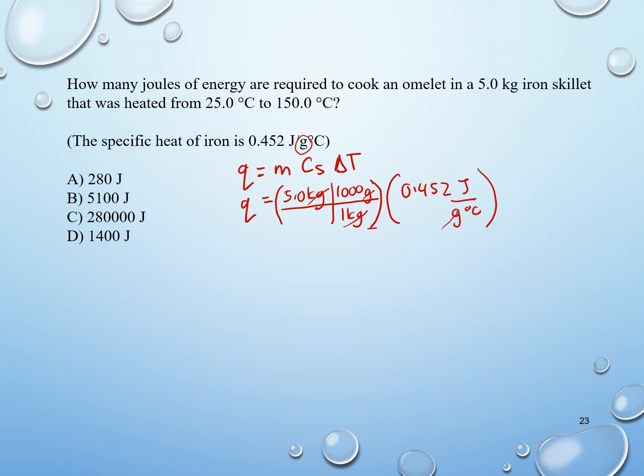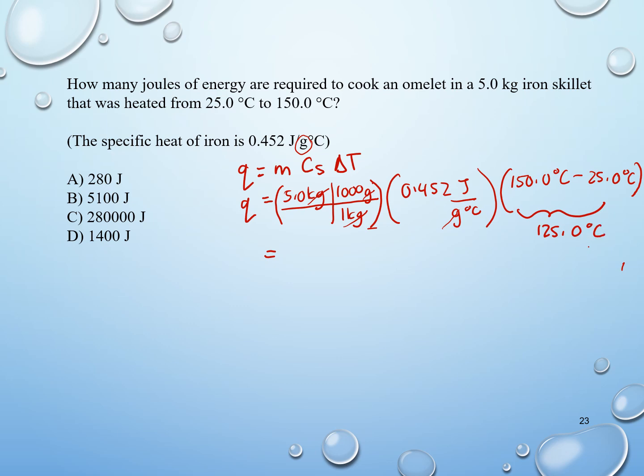Okay, and then my delta T is final temperature minus initial, which my final is 150.0 Celsius minus initial of 25.0 Celsius. So let's see what that gives us. If you put all of that together, so over here, obviously, that's 125.